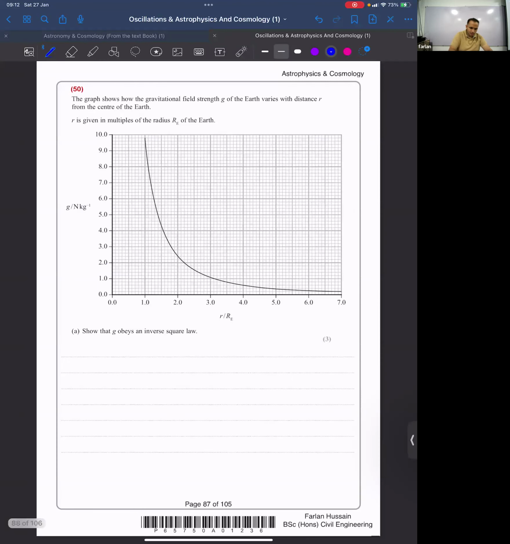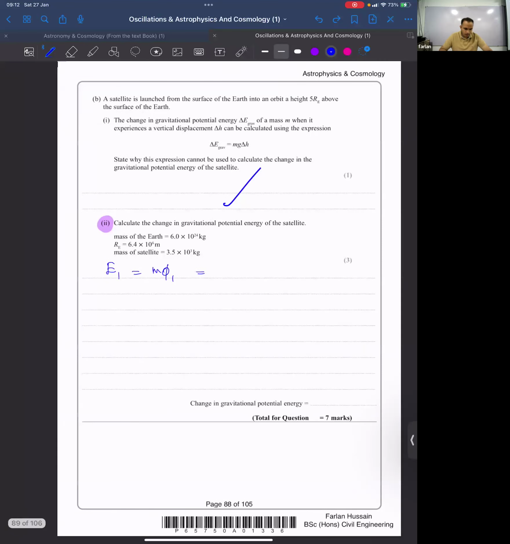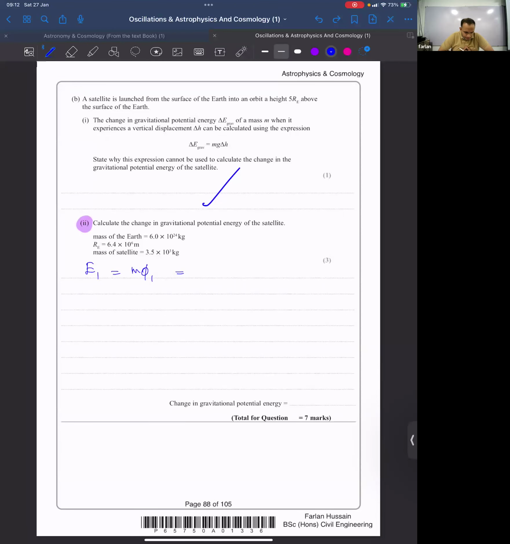And g is given here in terms of RE. How can we make use of that?